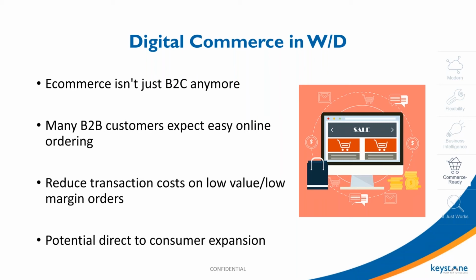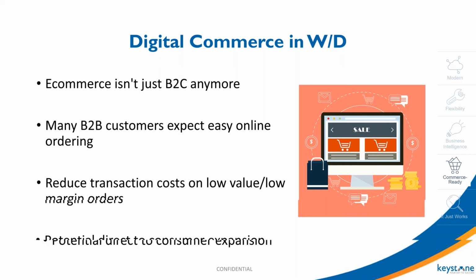Sales rep time is expensive, and automating those processes will improve the margins on those smaller transactions. And then what some distributors are also doing is even moving downstream into a direct-to-consumer market as well, having that e-commerce option so that the end consumer can come to them if that's what they want to do. Next slide, please.